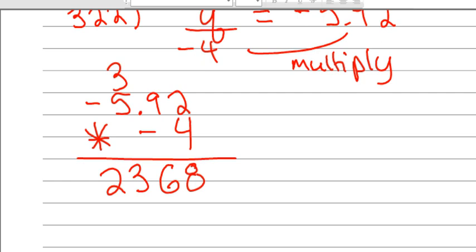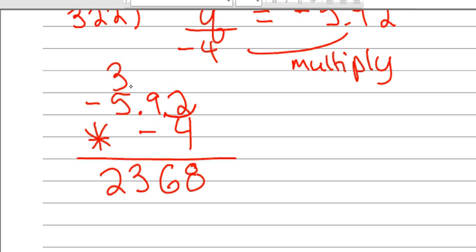Now, what sign is it going to be? It's a negative times a negative, so it's going to be a positive. And I also need to check, where is my point going to go?